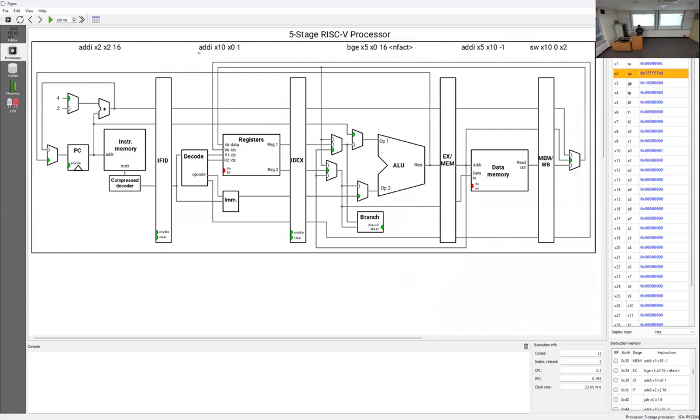So add I is in the ID stage, and another add I is in the instruction fetch stage. But in this processor, the branch detection unit is in the EX stage, so we assume that in the next cycle, the correct target can be fetched.